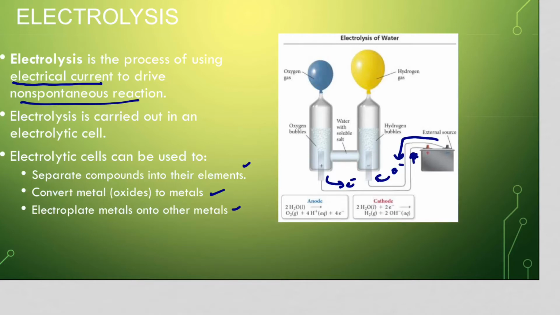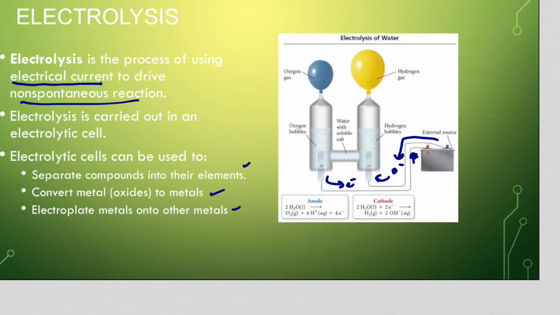Just like when you hook up a battery to any sort of application, like your calculator, the electrons flow out of the negative terminal of your battery through whatever device and do whatever work you're asking them to do, and then flow back into the cathode of the battery. That's what's going on here. The work that's being done is driving or running this electrolysis reaction.